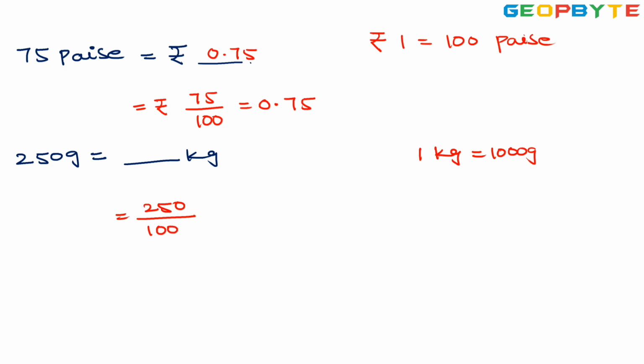So divided by 1000, which is equal to 0.25, which means 250 grams is equal to 0.25 kgs.